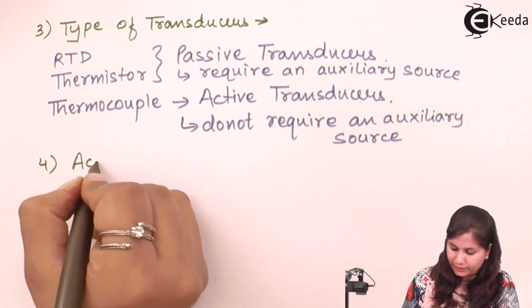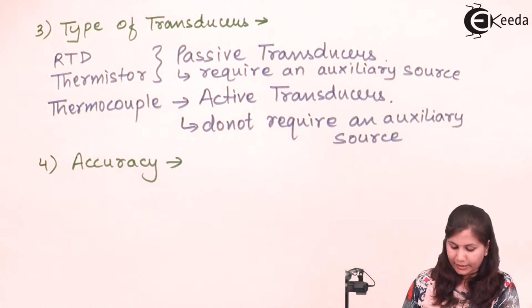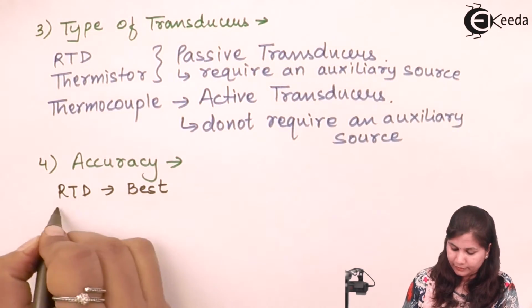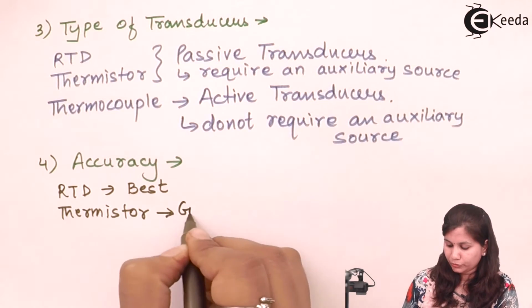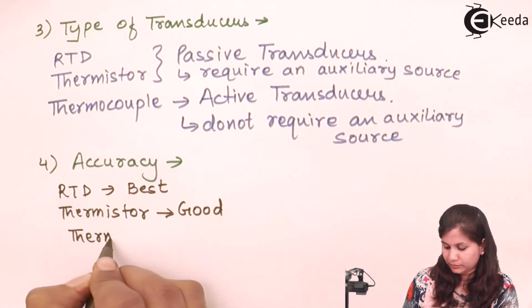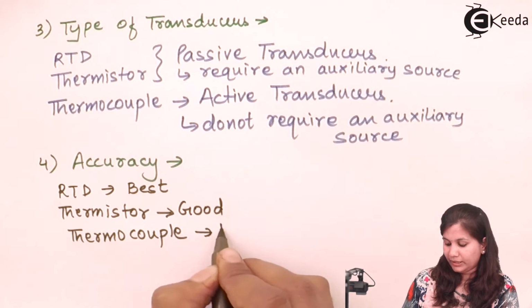Next is accuracy. The accuracy of RTD is the best, thermistor is somewhat good, but for thermocouple, it is very bad.